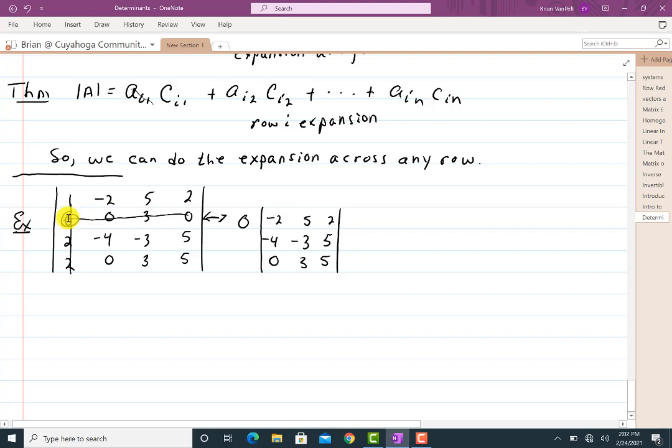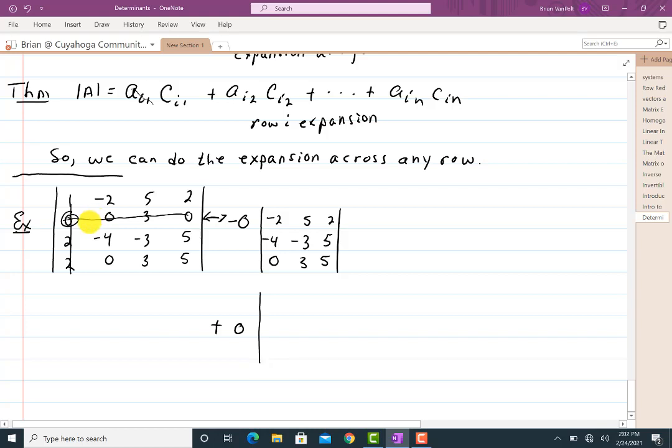The coordinate here is the 2, 1 coordinate. So if you take the negative 1 and you take it to the 2 plus 1, that's a negative number. So I should have had a negative in front of the 0, and that's okay, that's what starts me off. Then I know I get a plus in front of the next 0. Not that these matter, but I want you to see the alternating signs.